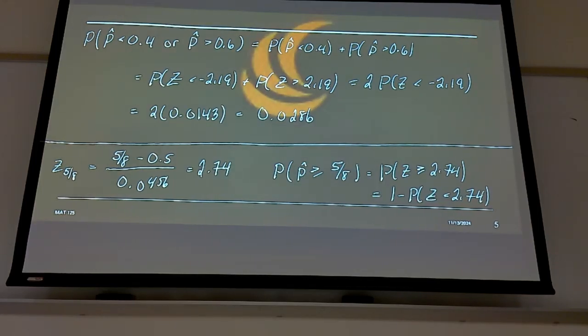Remember, our chart gives us less than. We want the area to the right. So 1 minus the area to the left. So let's find 2.74. 0.9969.